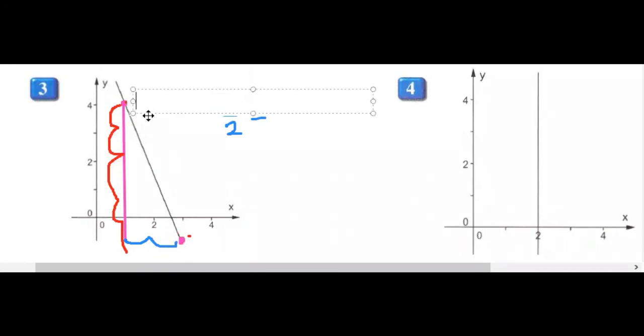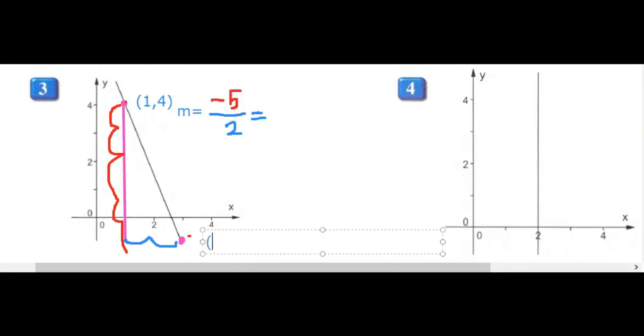This is 1 and 4, and the other point is minus 3 and 1. Look, we can plot here minus 3 and 1, like this.